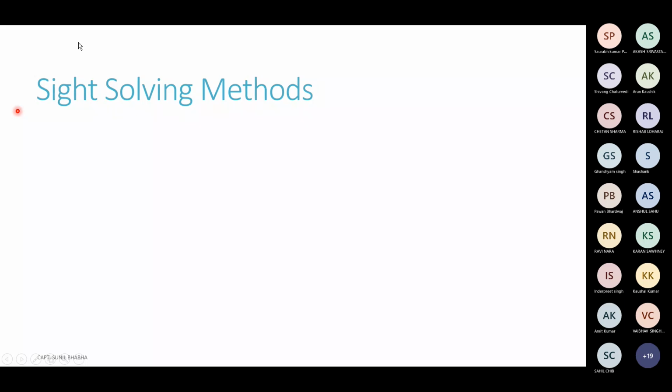And find position lines using these different types of celestial bodies: sun, stars, planets, and the moon. As we discussed earlier also, we have a total of 5 different methods which can be used for site solving. The first one and the easiest and most basic one is the latitude by meridian altitude, also known as Marpas.